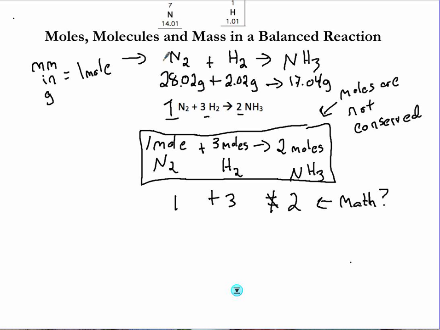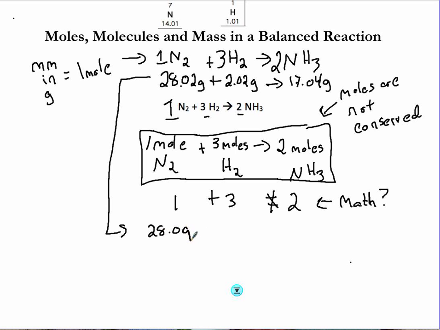So I'll emphasize again that this coefficient is 1, this coefficient is 3, and this coefficient is 2. So in reality, what we were using here was not just 1 mole of each of these, but the appropriate number of moles. So let's rewrite these grams one more time, and let's go ahead and go 28.02 grams.